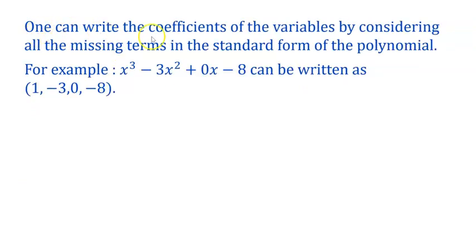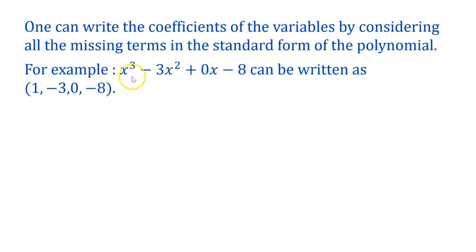Next, one can write the coefficients of the variables by considering all the missing terms in the standard form of the polynomial. For example, x cube minus 3x square plus 0x minus 8 can be written as. What are the coefficients?